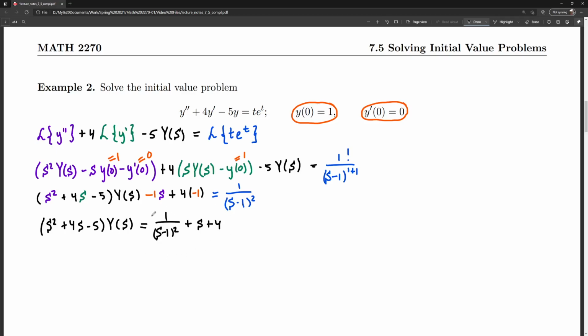And then we're going to combine this into one fraction, make a common denominator. And that will then become 1 plus s plus 4 times s minus 1 squared over s minus 1 squared.